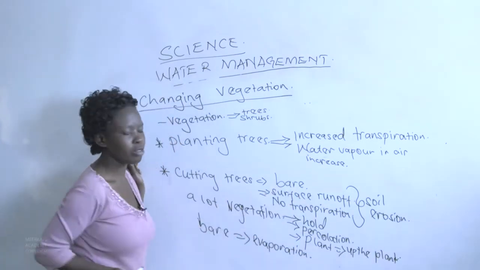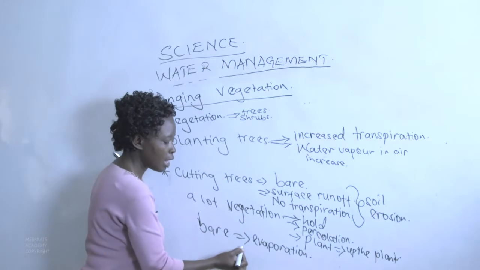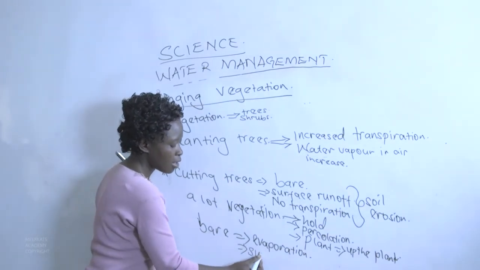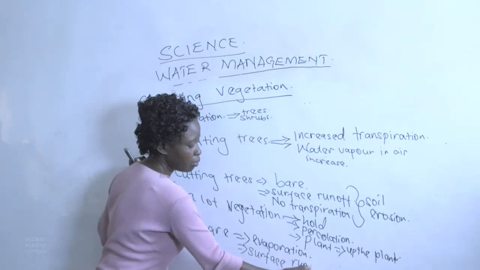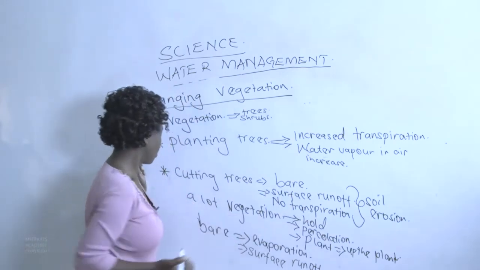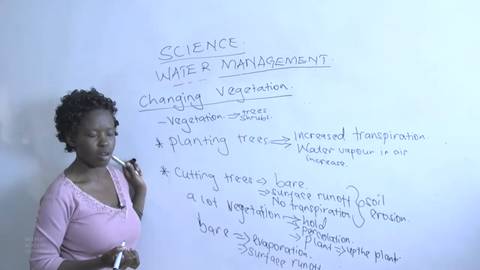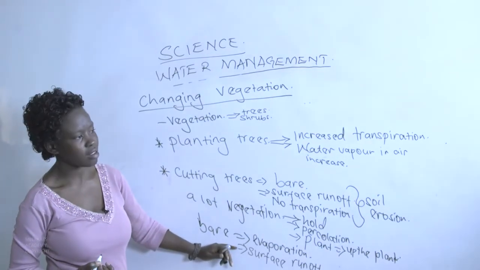And at the same time we have a lot of surface runoff taking place. So since there is a lot of evaporation and a lot of surface runoff, this brings about an effect in that given area.